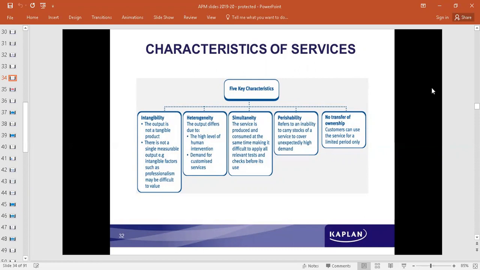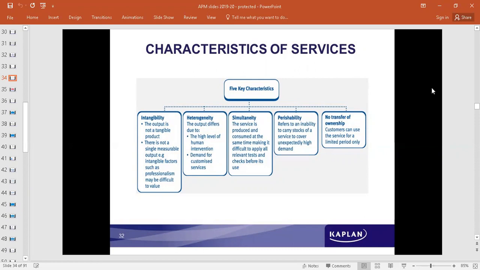The same service is not provided to every patient visiting the doctor. The same service is not provided by a chartered accountant. The same distance is not provided to every customer, or the load of material transported from one place to another. We see that they are basically as per the requirements of the clients or the customers.